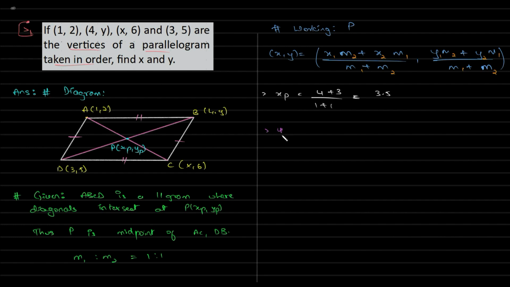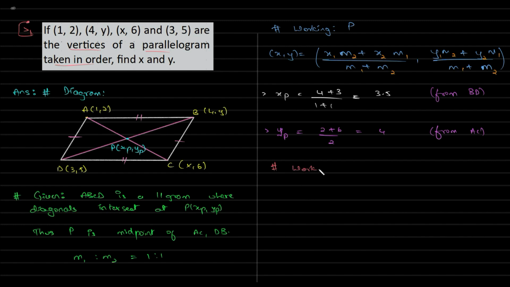Then YP is equal to 2 plus 6 by 2, so 4. This is from BD, line BD, and this is from AC. Again, this is only for you guys to recall how we got these values. So now we know this point, and it's easy to find X and Y with the same logic.